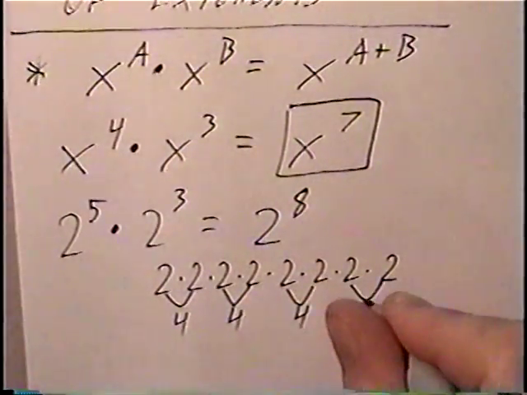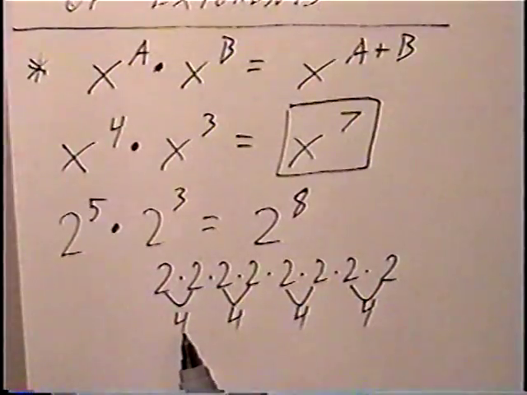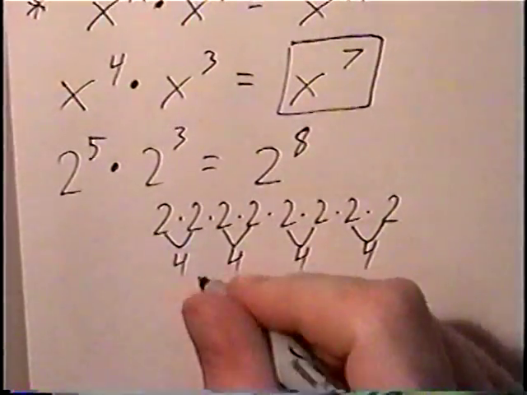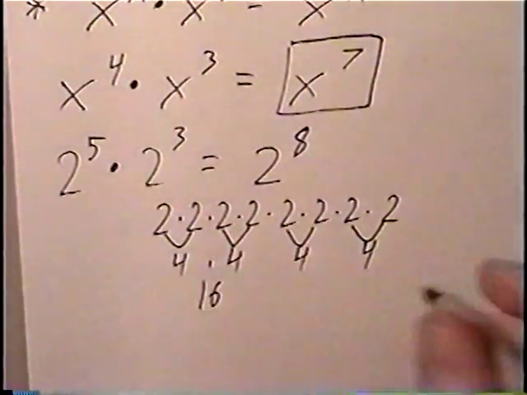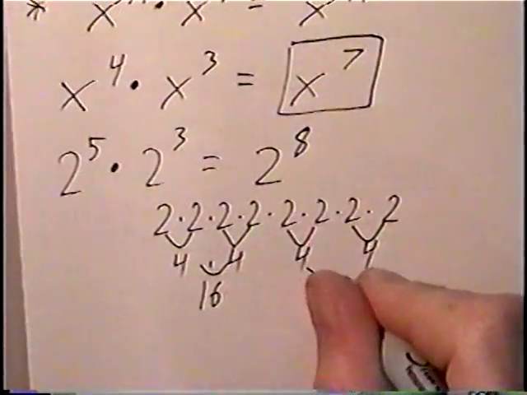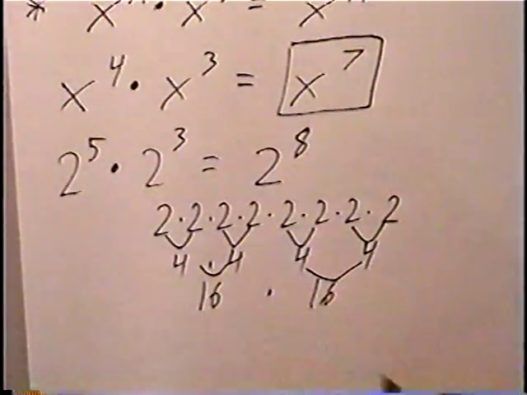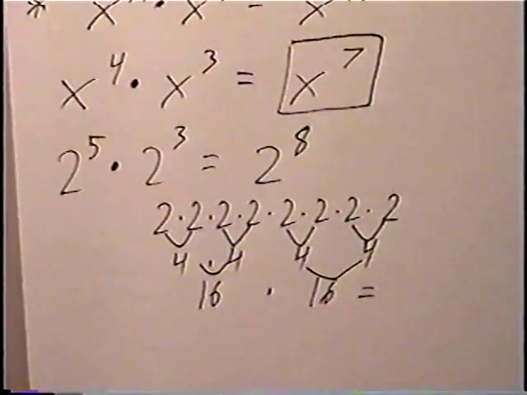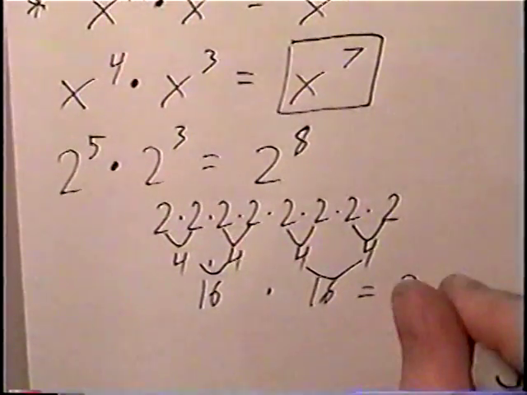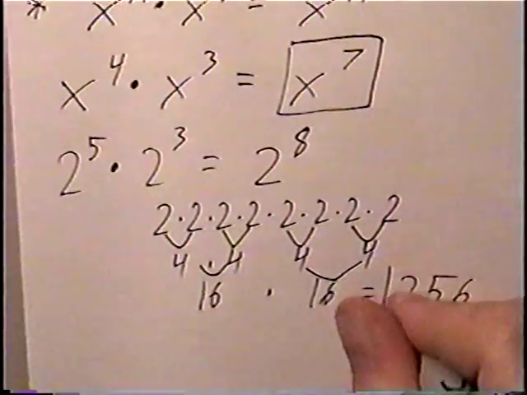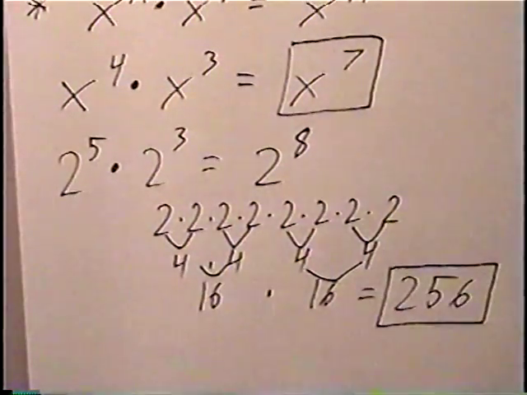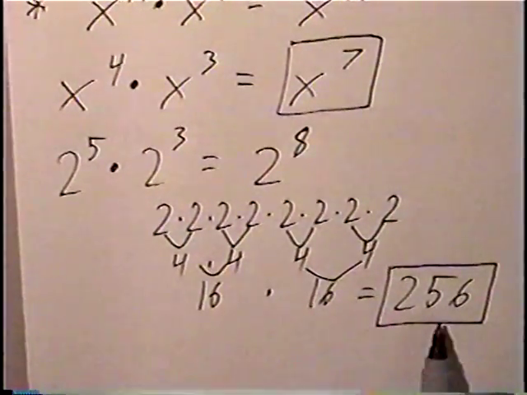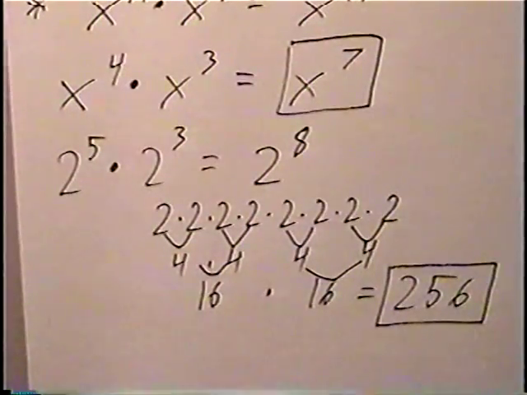Multiplying again, 4 times 4 would be 16, and multiplying the other 4s we'll have 16. So our final answer will have 16 times 16, which if you multiply that out, is 256. So the final answer, 2 to the 8th power, is equal to 256.